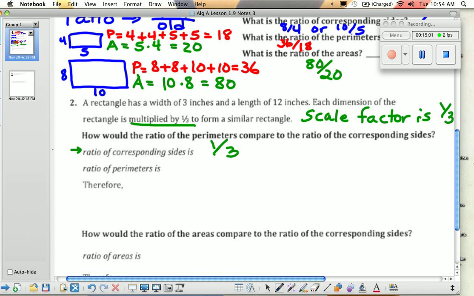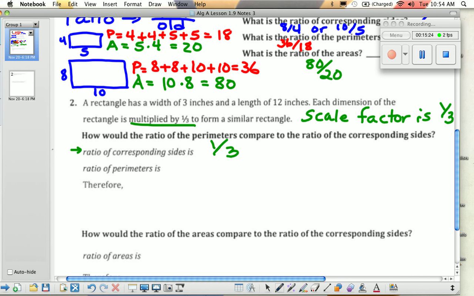Let's draw the picture. We have 12, 3. What would this side be? 3, and this is? 12. Okay, so what's the perimeter of this one? 12 plus 12? 24. 3 plus 3? 6. 24 plus 6? 30. Okay.